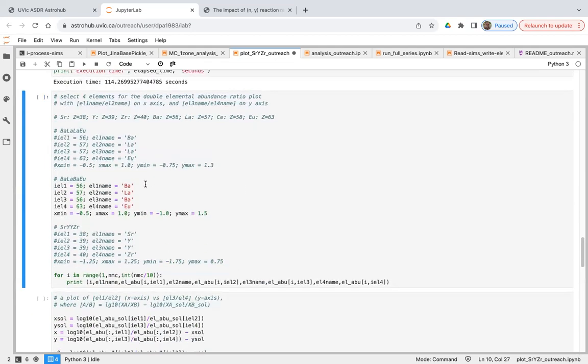In the next cell, we select 4 elements for our double elemental abundance ratio plot. In this case, I will make the second choice for the diagram: barium to lanthanum versus barium to europium.